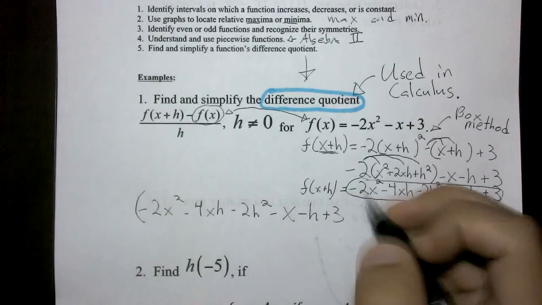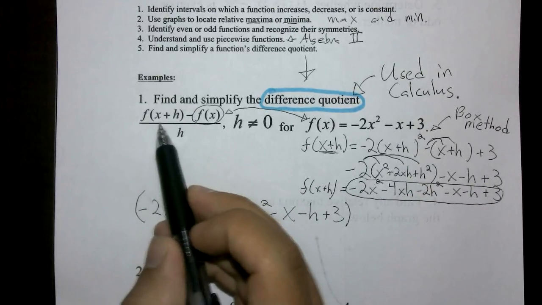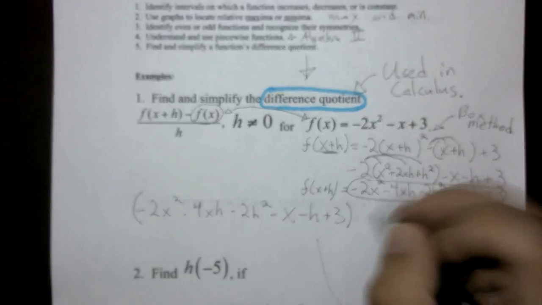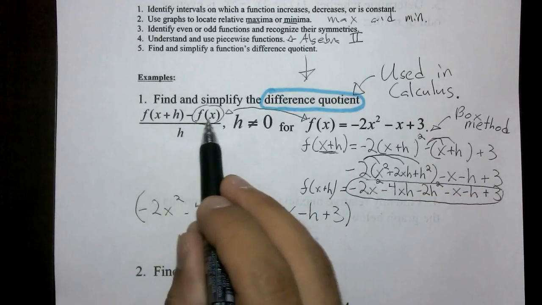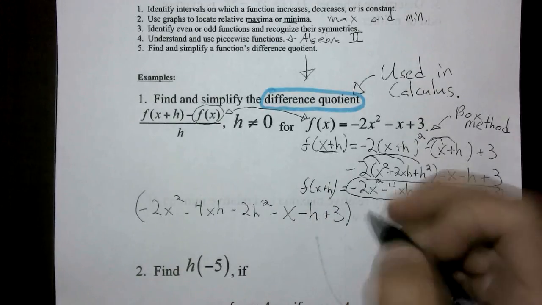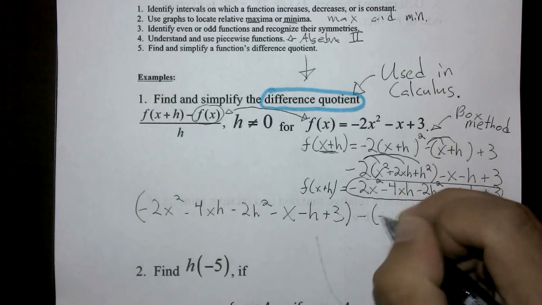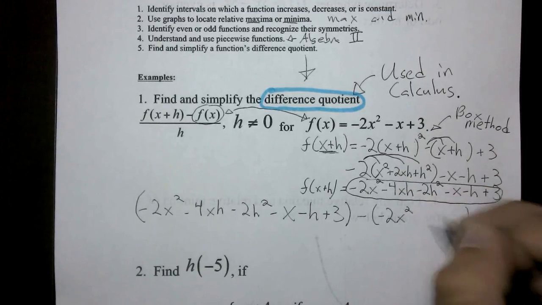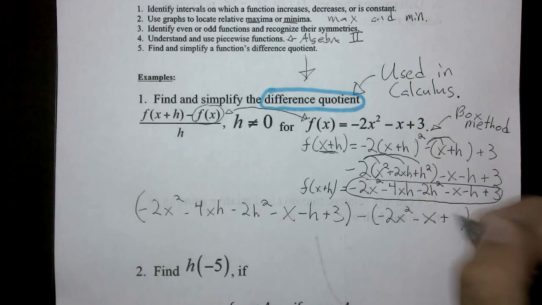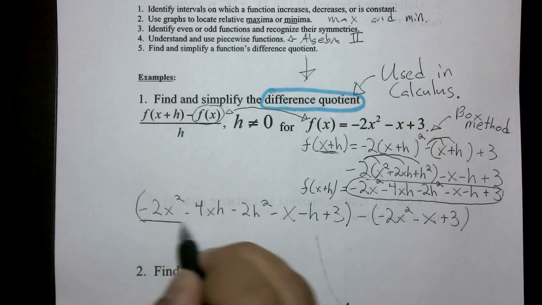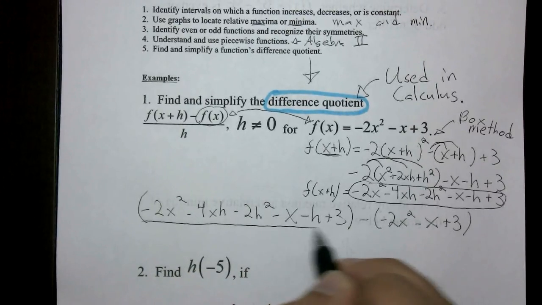So this is that f of x plus h portion. It's then telling us to subtract f of x, which is already given to us. So we're subtracting this negative 2x squared minus x plus 3, keeping in mind this entire fraction is divided by h.